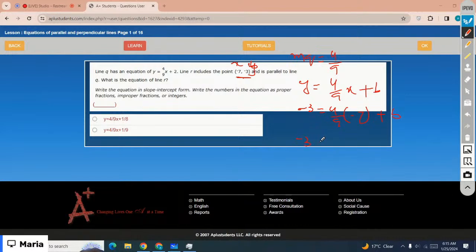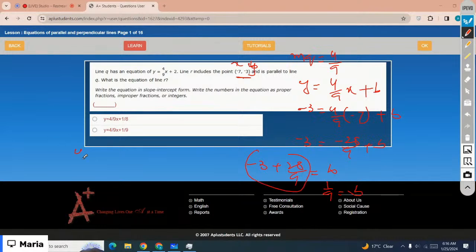So that is negative 3 equals negative 7 times 4, which is negative 28 over 9, plus b. Move negative 28 over 9 to the other side. So negative 3 plus 28 over 9 equals b. Now just calculate the value of b. If you solve this, the answer is 1 over 9.